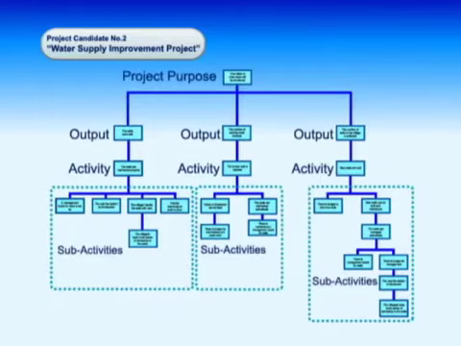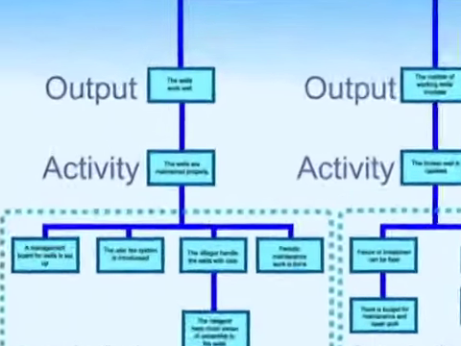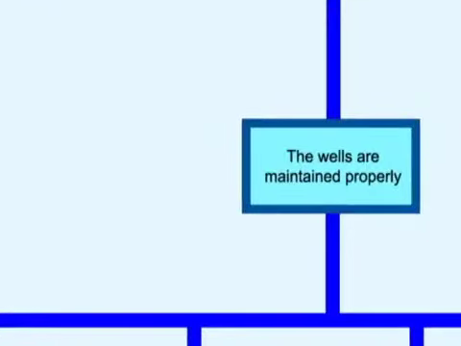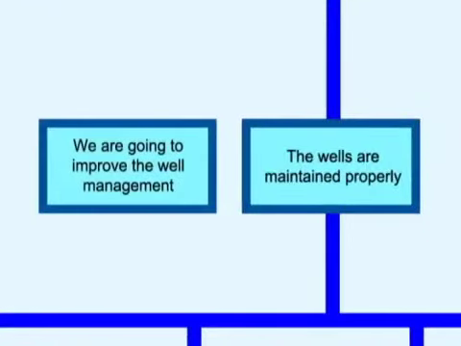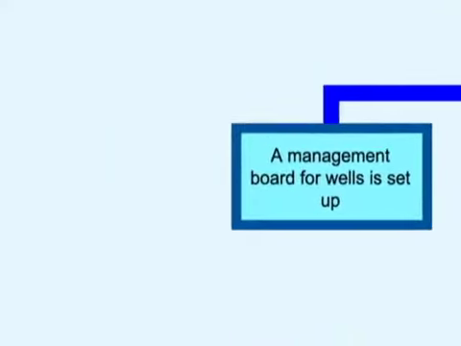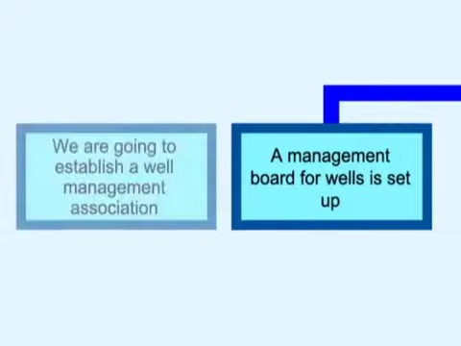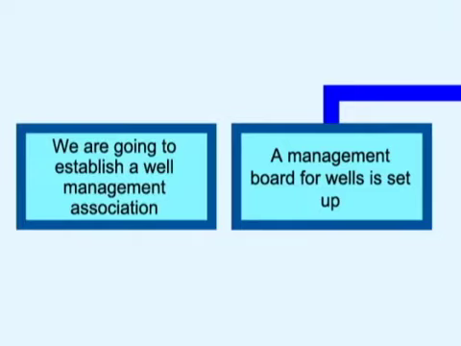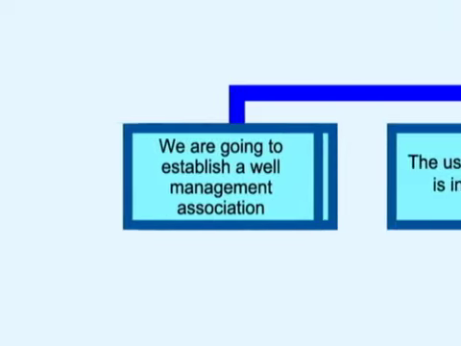In this example, let us rewrite a card for an activity. The wells are maintained properly. Rewritten: We are going to improve the well management. And a card for sub-activity, a management board for wells is set up. Rewritten: We are going to establish a well management association.